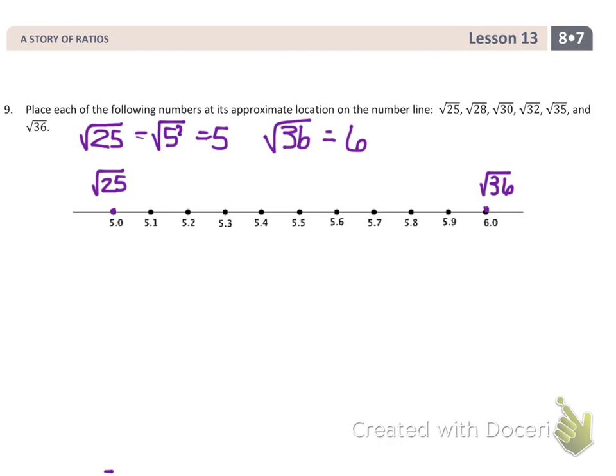So we can just start with the square root of 28. It's going to be closer down toward the 25 end of things. So what might be a good thing to do is look at the squares of some of these numbers here.